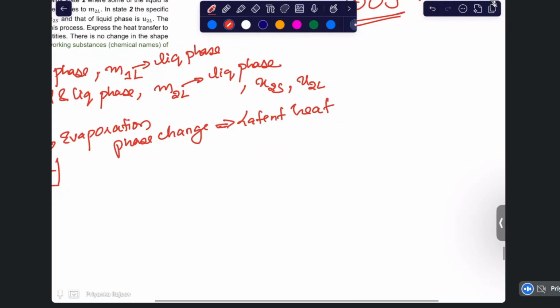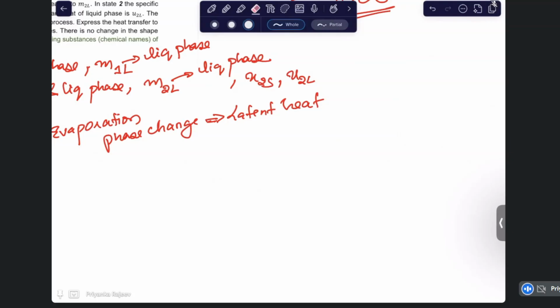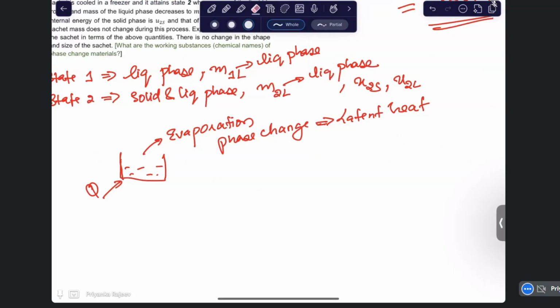Okay, so the heat that is used for phase change is called latent heat. We will be taking it as Q equal to mL.